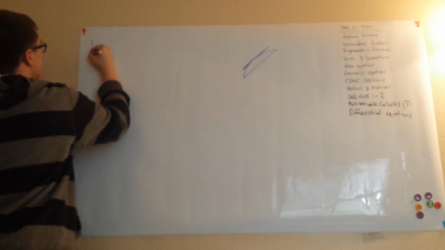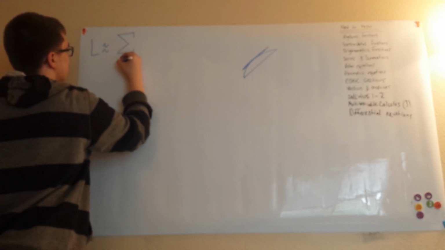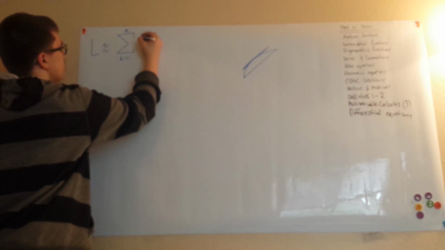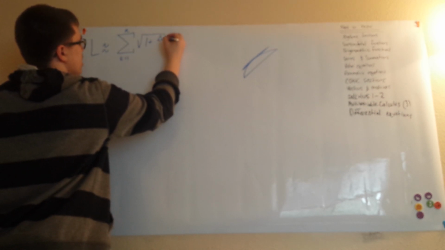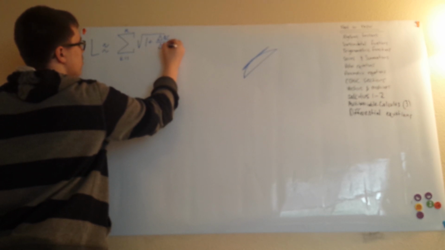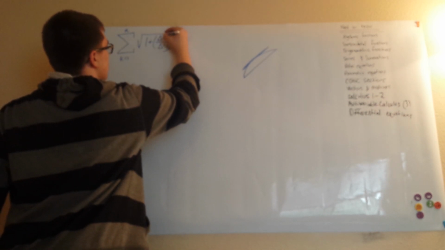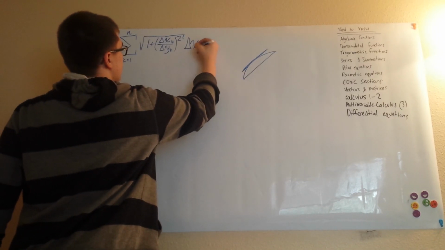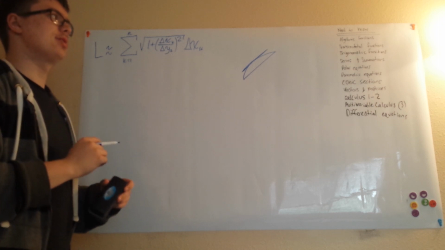So what do we come up with? The length of the curve is approximately the summation from k equals 1 to n of the square root of 1 plus delta y over delta x sub k, squared, times the delta x sub k.